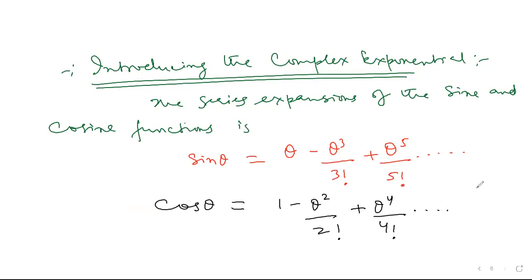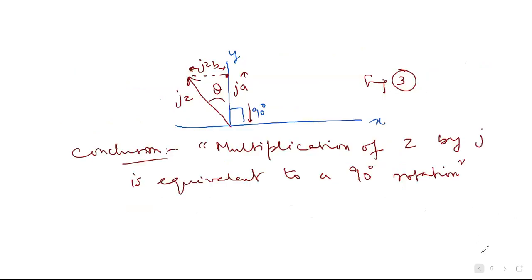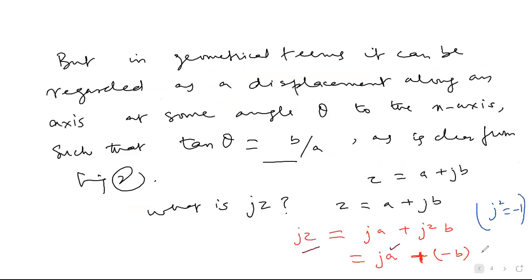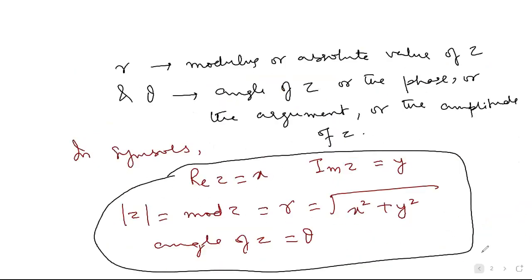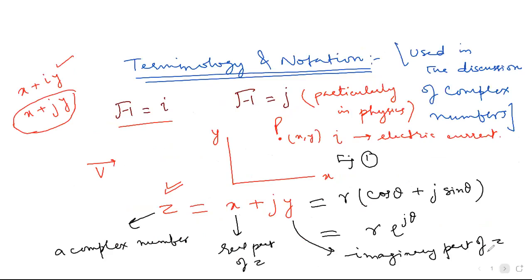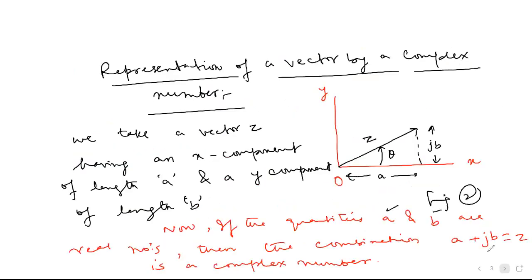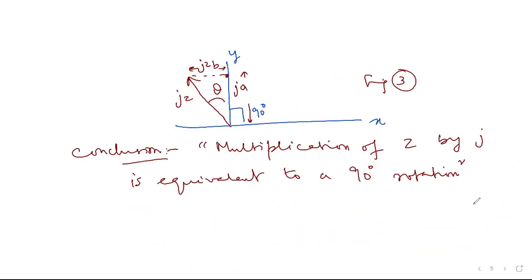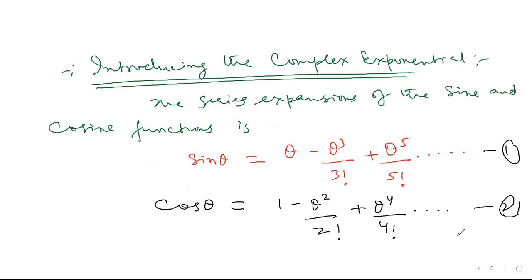Let me name it 1 and this equation as 2. I have not used any numbers in the equations yet, right? So this is 1 and this is 2.